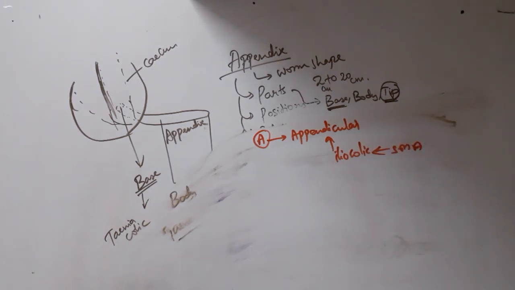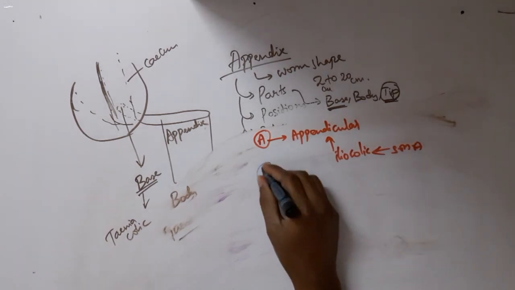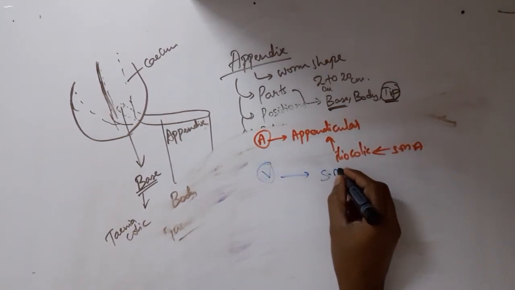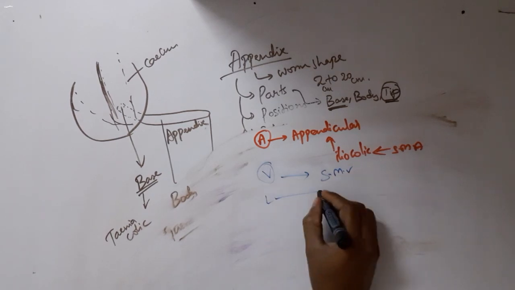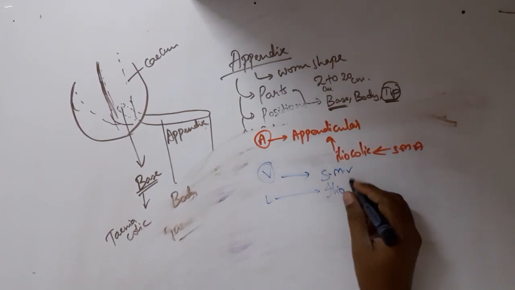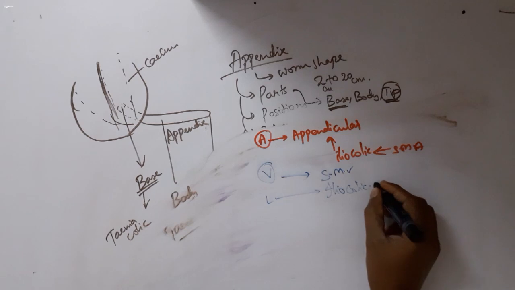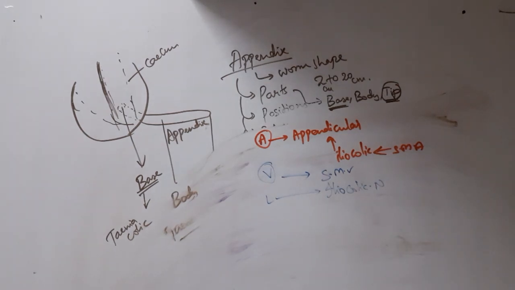Then what is the venous drainage? Same thing, it goes into the superior mesenteric vein. Then the lymphatics go to the ileocolic nodes.